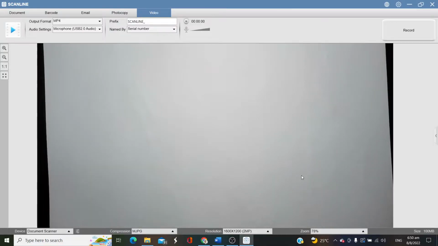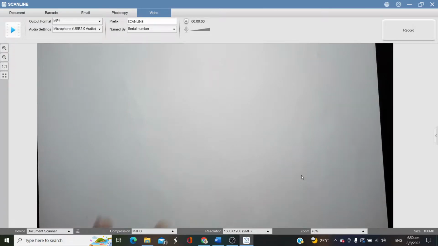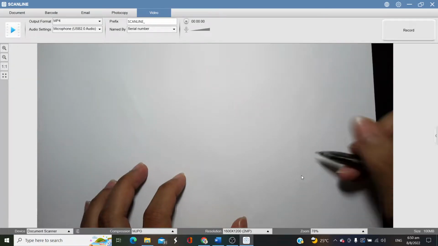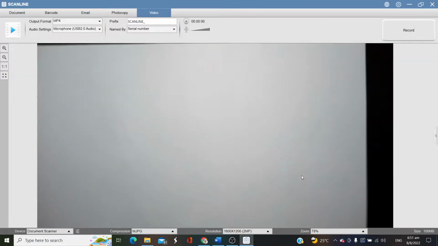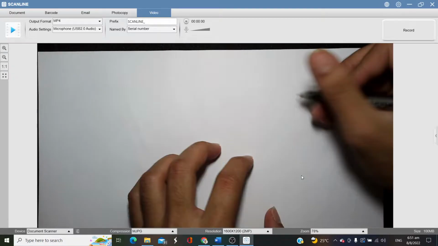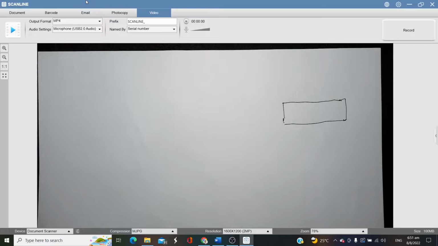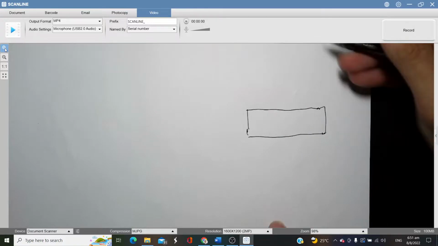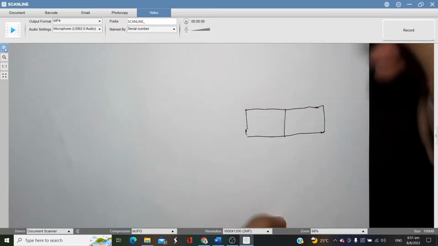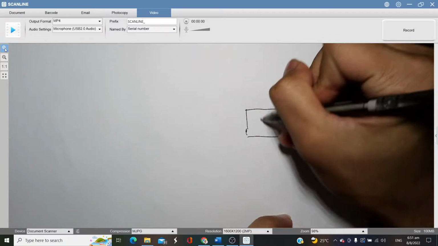For today's lesson, first of all, you need to understand that this is a bar magnet, and the bar magnet has north and south.